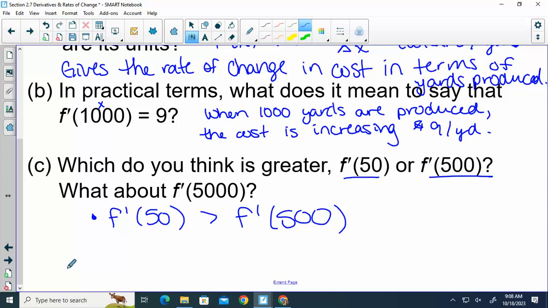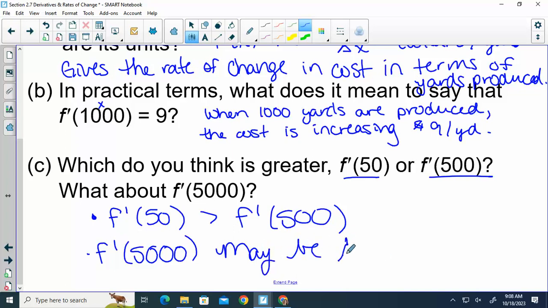And that's essentially what we are going to later be finding with derivatives, like that optimal price point. How many shirts can I make for the cheapest amount per shirt before I have to upgrade all my equipment and it starts costing me more? So f prime of 5,000 may be higher? We don't really know.